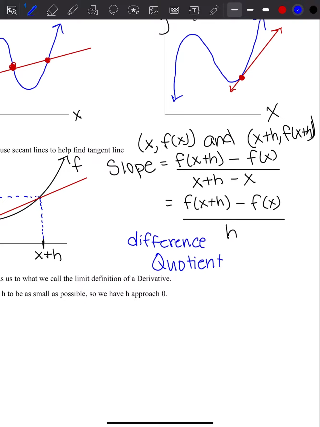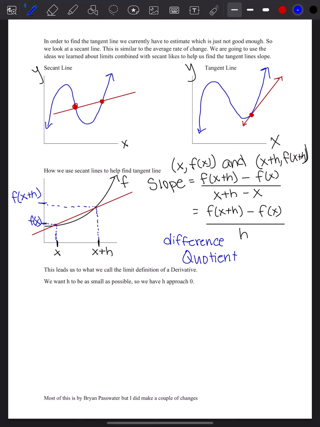So what this leads us to is what we call the limit definition of a derivative. We're going to talk a lot this unit about derivatives because that's the big idea of this chapter, and in fact of the next couple chapters. Because we've been working with limits, we can use the limit definition of a derivative to help us out.